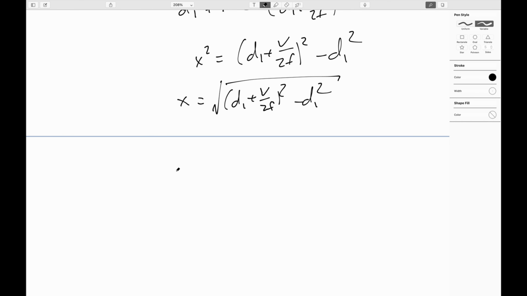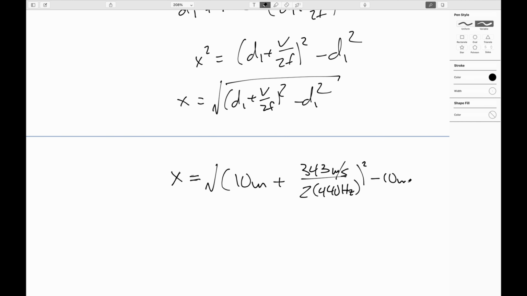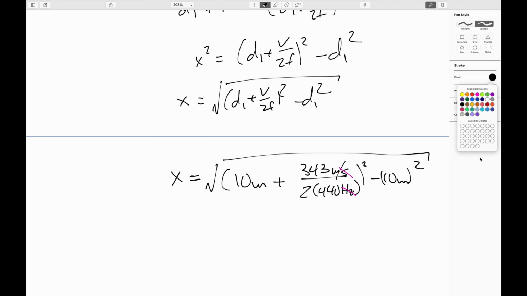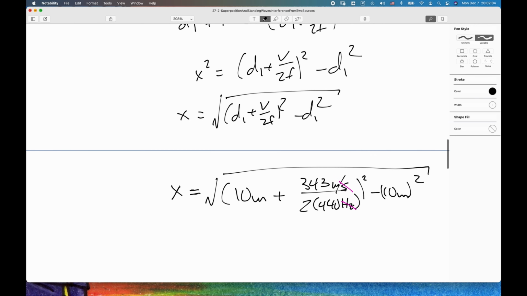So let's go and take a look. We said that our D1 was 10 meters. So 10 meters plus 343 meters per second over 2 times 440 hertz, squared, minus 10 meters squared. Take the root. Now remember, 1 over seconds and hertz are the same difference, so that cancels. And our units check. That's good. So let's go ahead and grind that through on the calculator, shall we?